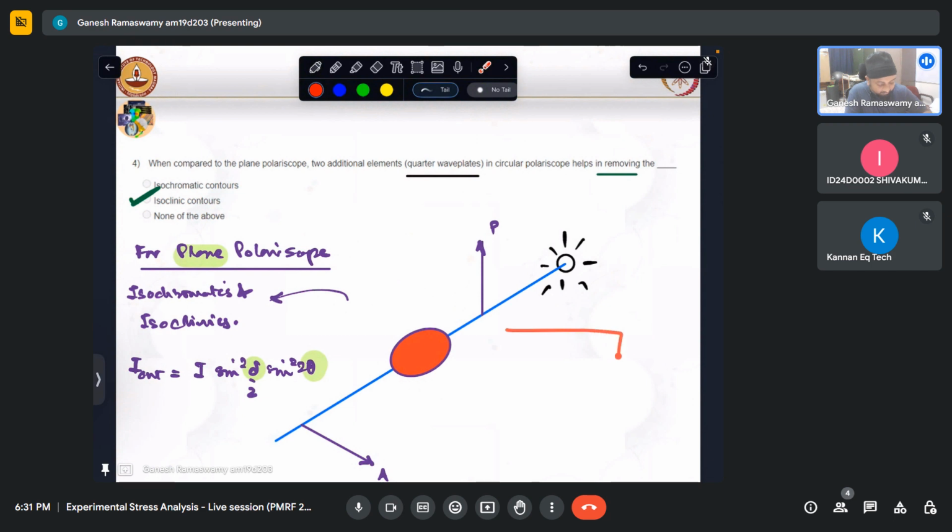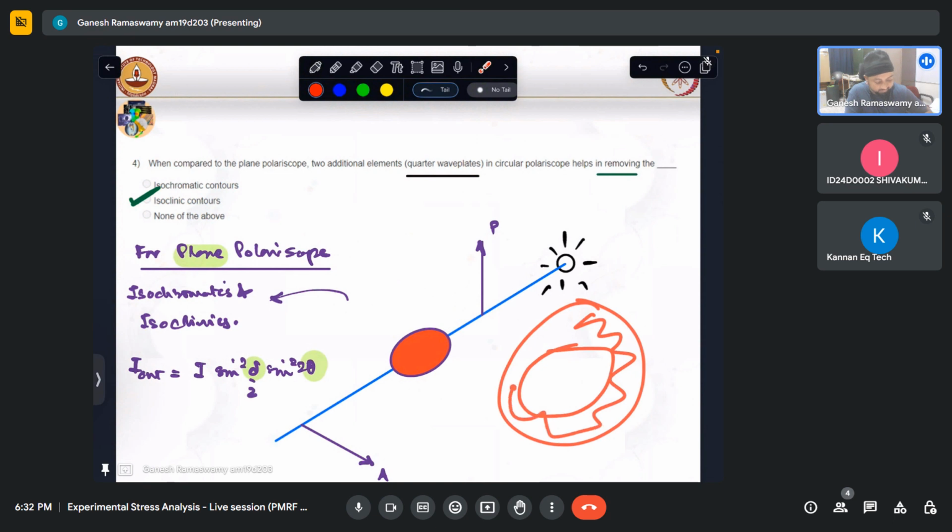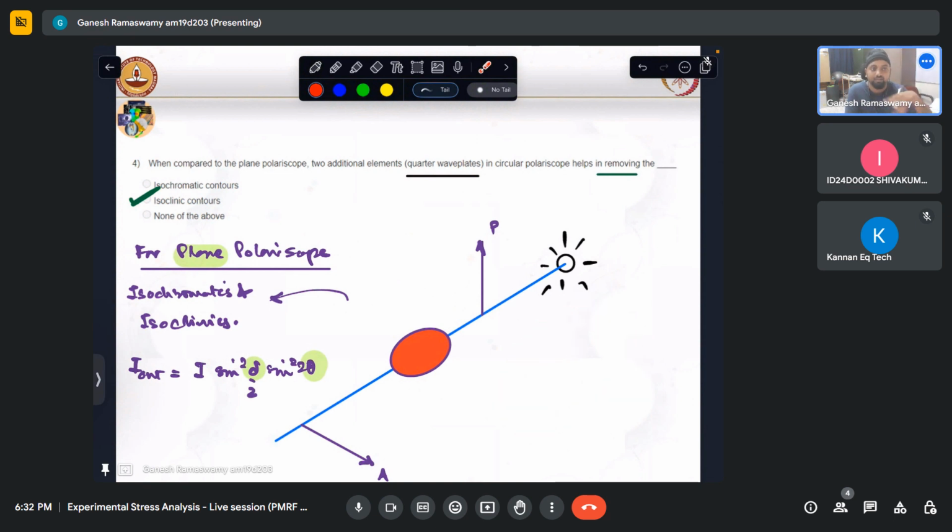For example, if this is my field of view, or rather, if my analyzer is circular, it is in this shape, let us say, and I'm free to rotate it. So inside that circle, let us say this model looks like this. We are looking at this area. We are looking at the background. And the question that is being asked is whether that background will be white or dark. So if the background light passes through this and this is kept crossed, what will we see as the output light?